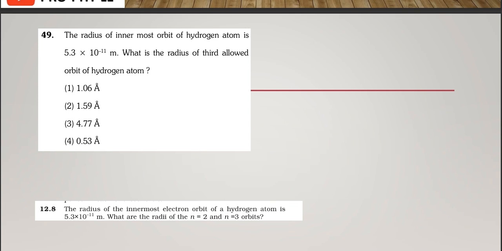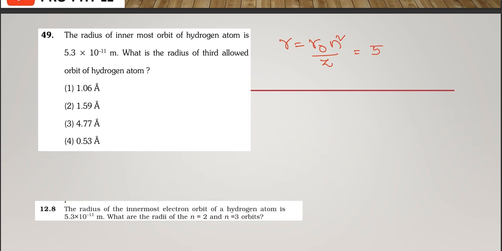So this question is about the radius of the innermost orbit of hydrogen atom. How the radius depends on principal quantum number and atomic number: R is equal to R naught into n square by Z. What is the radius of the third allowed orbit of hydrogen atom?